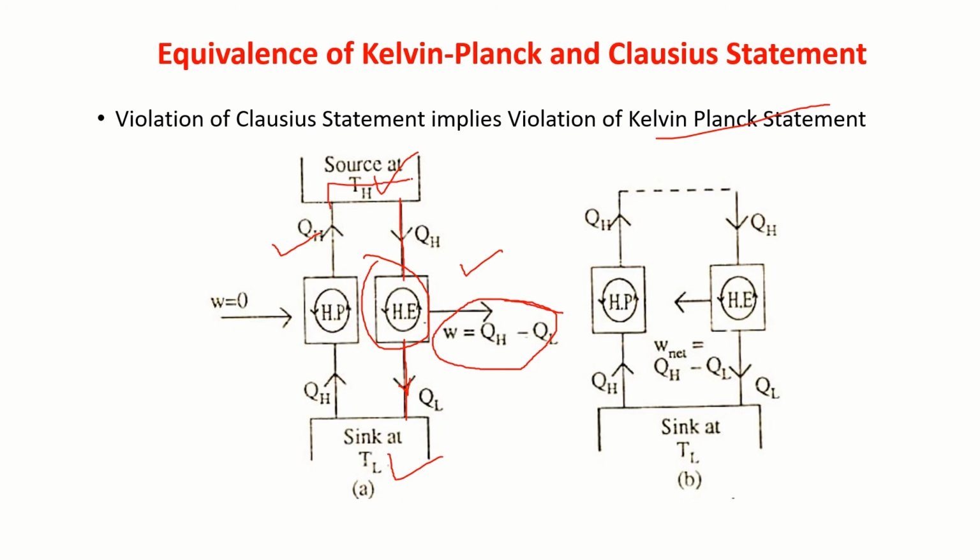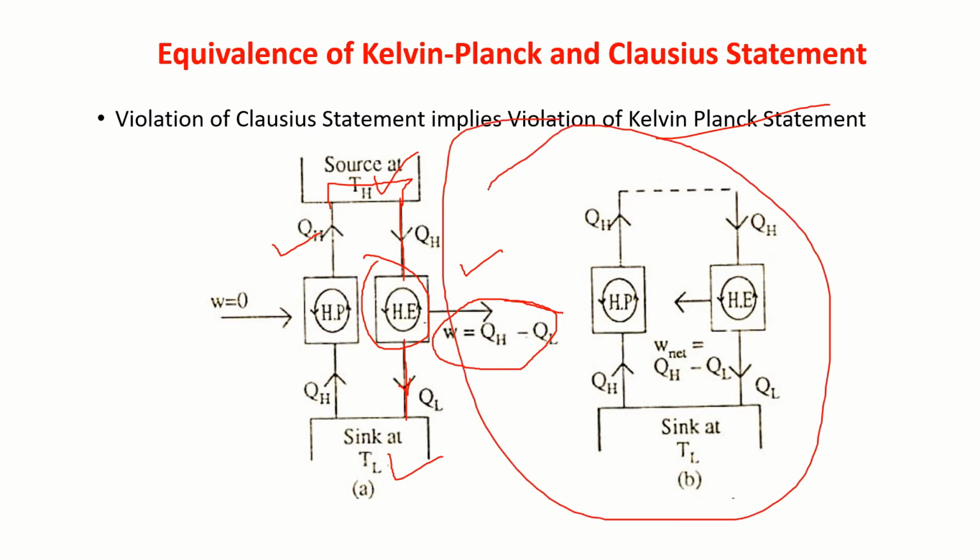Let me connect these two by a superconductor like this. Now this whole thing you can consider as an engine. This is producing a net work QH minus QL and exchanging heat with a single reservoir. That means it is violating the Kelvin-Planck statement. So if you violate the Clausius statement, it is the same as violating the Kelvin-Planck statement.